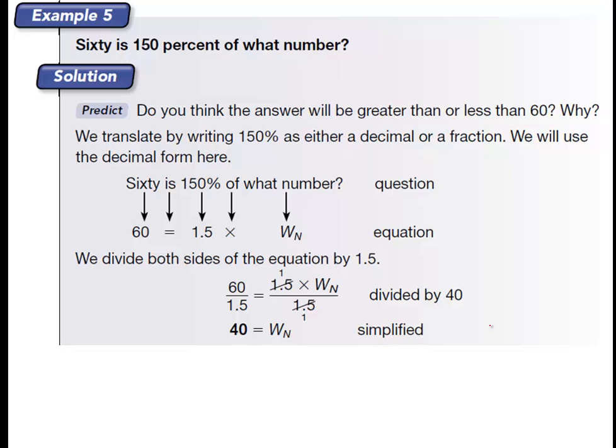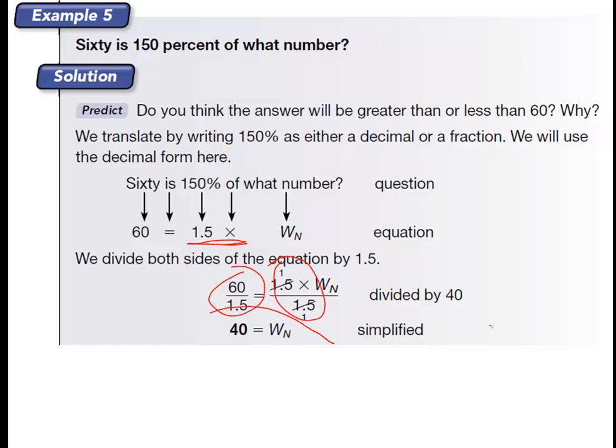Well, we translate by writing 150% as either a decimal or a fraction. We can use it as a decimal, because I find that easier. So 60 equals 1.5, which is 150%, times what number? Because it's being multiplied, again we're going to divide both sides by 1.5.